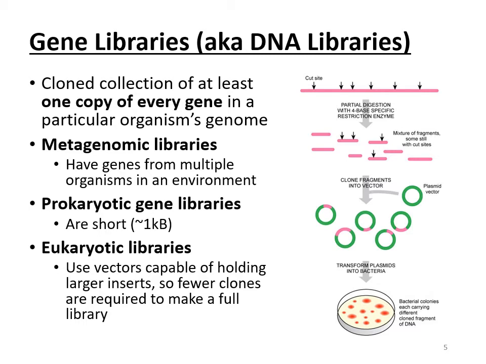Now, there are also, with gene libraries, what we call metagenomic libraries. So they'll have a plate that has genes from many different bacteria. A lot of times you see this, for instance, from an ocean environment. They'll collect a sample, and then they'll have a plate that represents all the genes in that particular location. They have prokaryotic gene libraries, which are, for instance, bacterial.